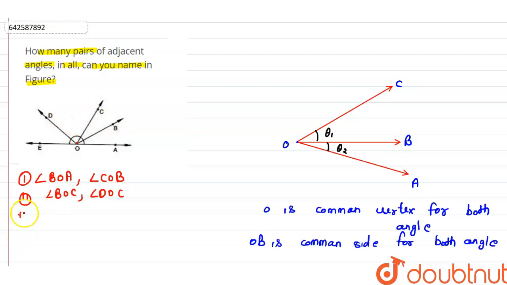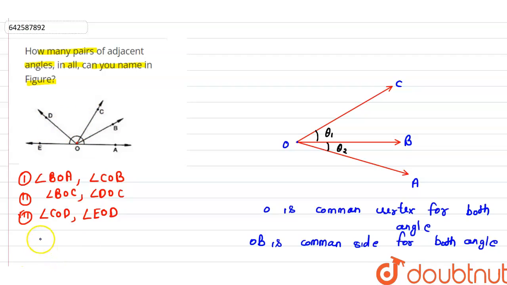The third pair of adjacent angles is angle COD and angle EOD. These two angles are also adjacent because O is the vertex and OD is the common side in both.